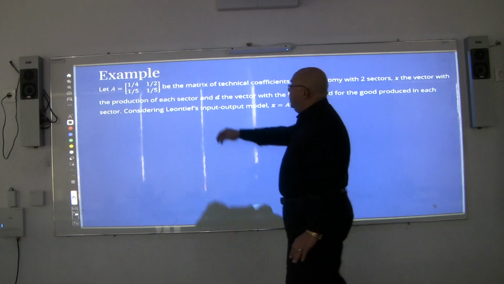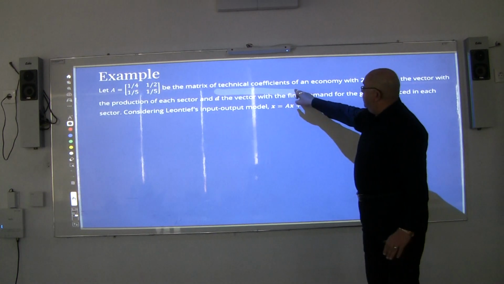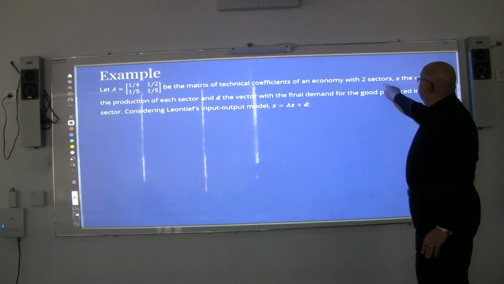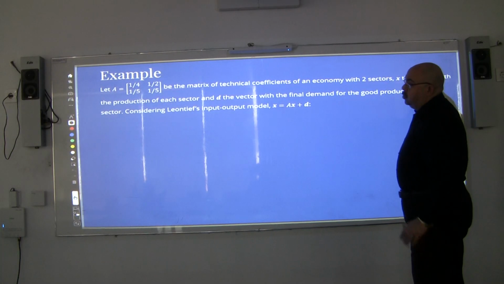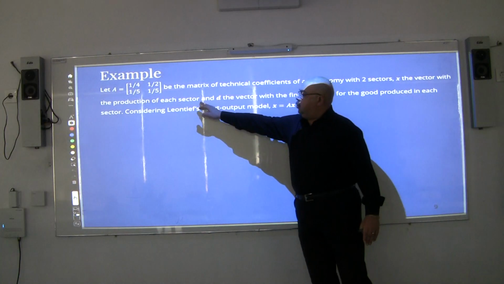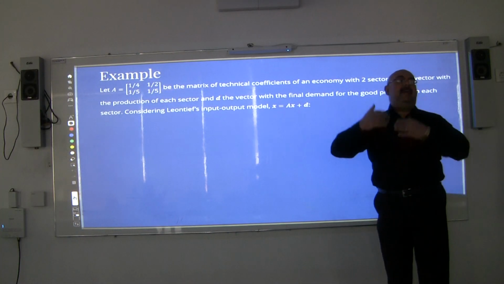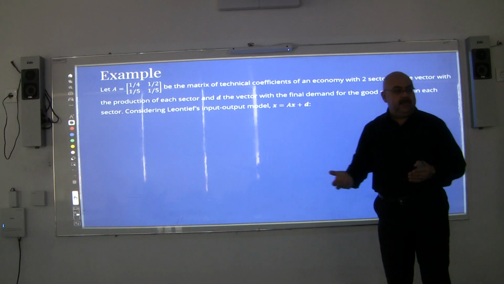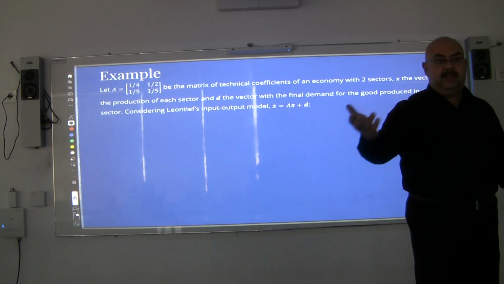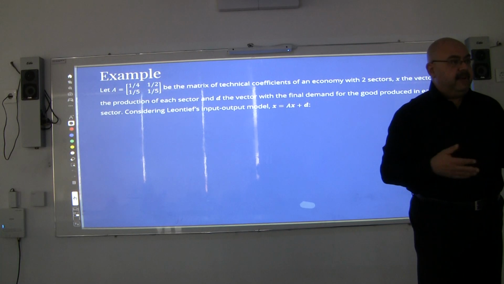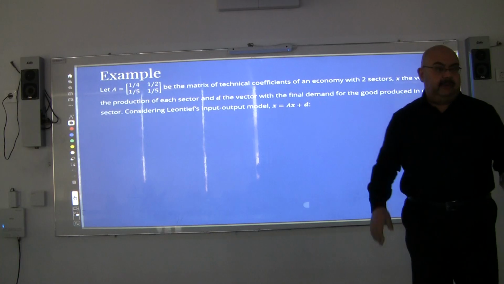Okay. So let A be the matrix of technical coefficients of an economy with two sectors, X the vector of production of each of these two sectors, and D the vector with the final demand, the remaining values that will be exhausted by the consumers or by the government or to export outside or whatever.